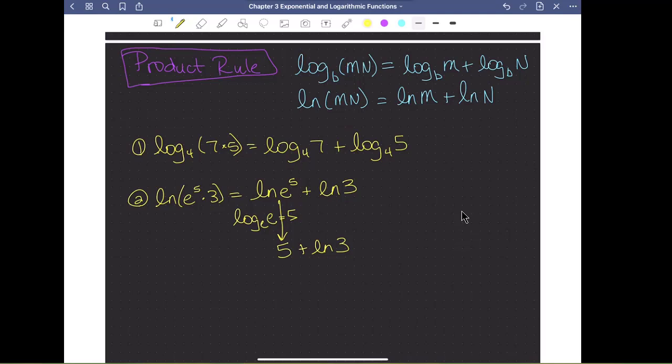And I'm good with that answer, right? That's beautiful right there. If you wanted to write it as a log instead of a natural log, you would have 5 plus, what does natural log stand for? Log base e of 3.